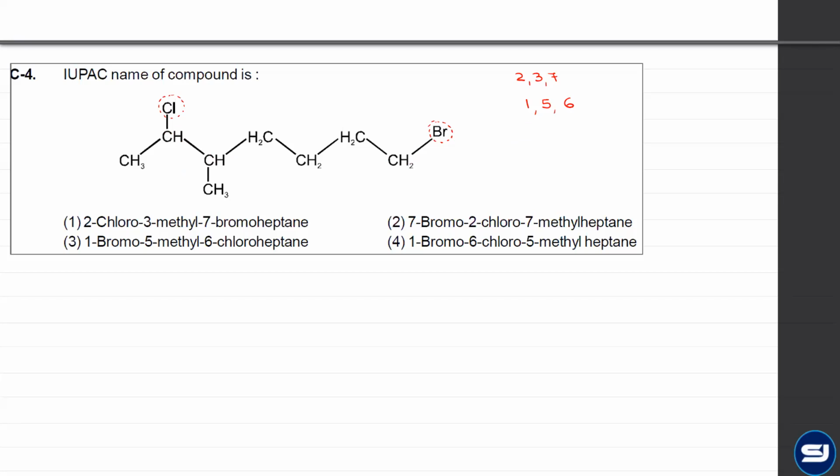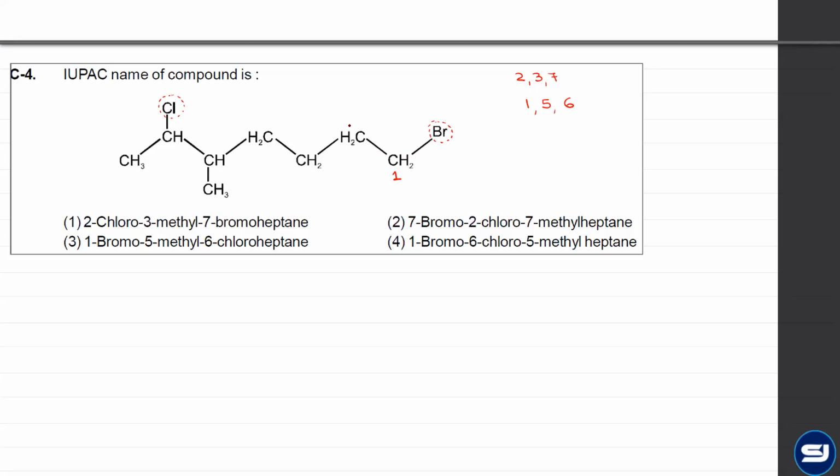So the correct numbering is... now if you look at the locants ka sum, it is coming out to be 12 only. But here the substituents are closer from the right side ka end.